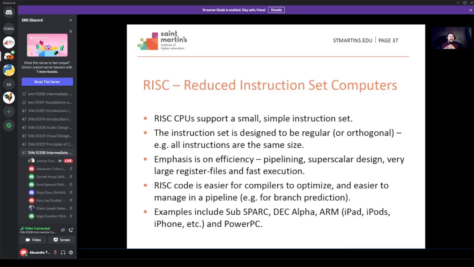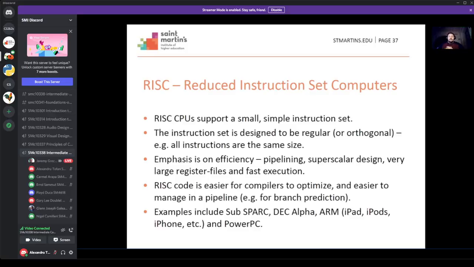The main focus here is on efficiency, in order to be able to pipeline as much as possible, to have superscalar designs, and faster register reads and writes.